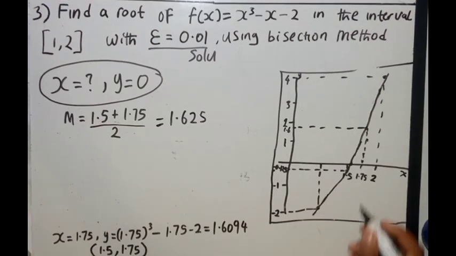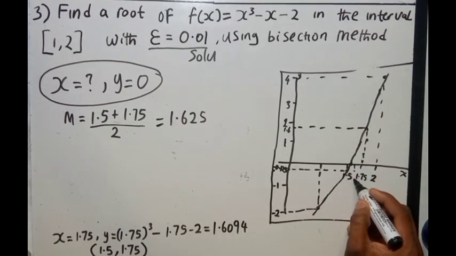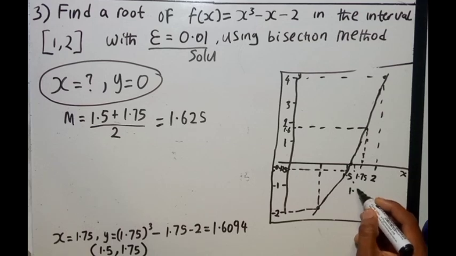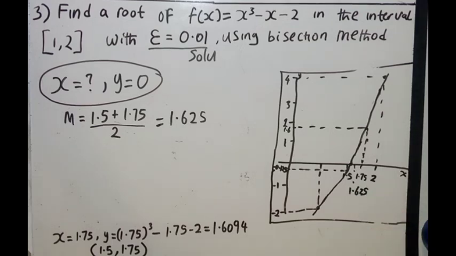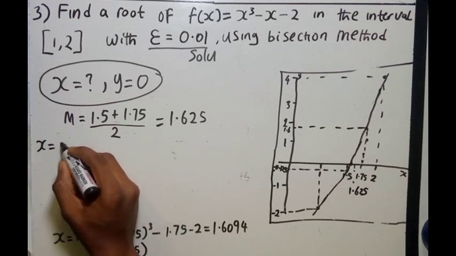So in between this and this we have a value. The value is 1.625 in between them.